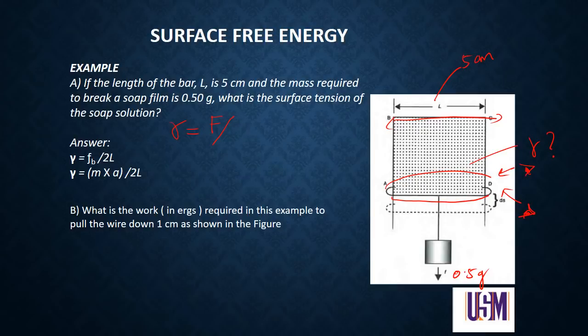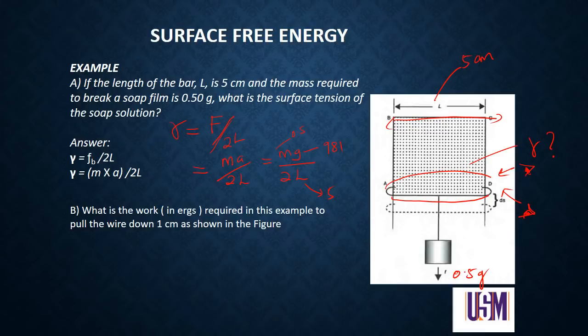So it will be F divided by 2L. F is equal to ma divided by 2L, in this case mg divided by 2L. So what is m? It is 0.5. What is g? 981. And what is L? It is 5. So you can actually solve this question.